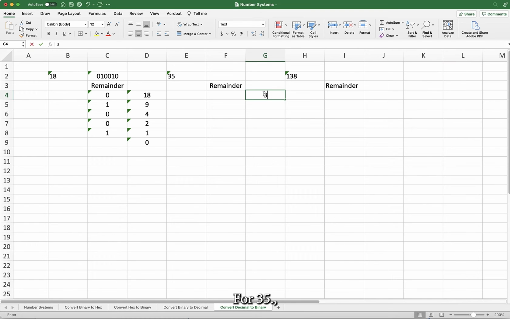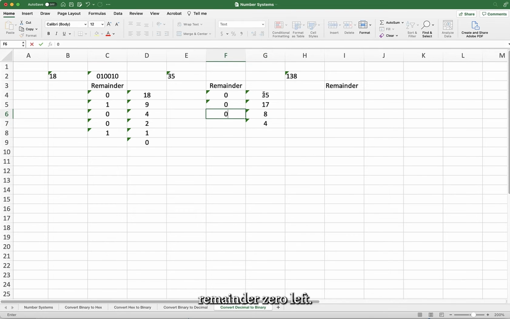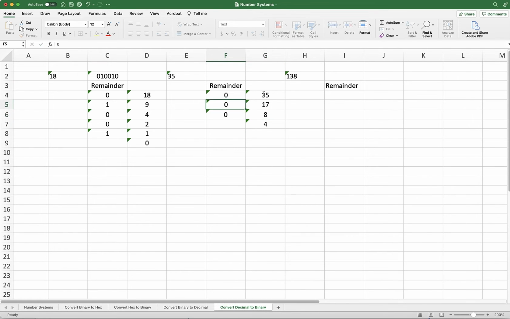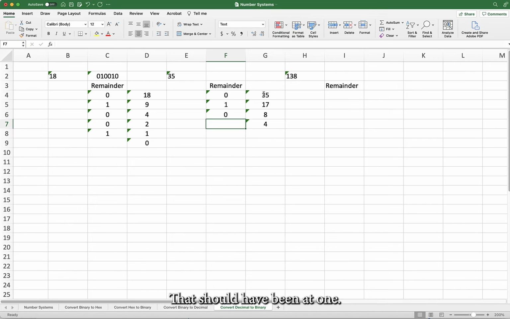For 35, we're going to do the same process. 35 divided by 2 is 17, remainder 0. 17 divided by 2 is 8, remainder 0. 8 divided by 2 is 4, remainder 0. Whoops, that should have been a 1.